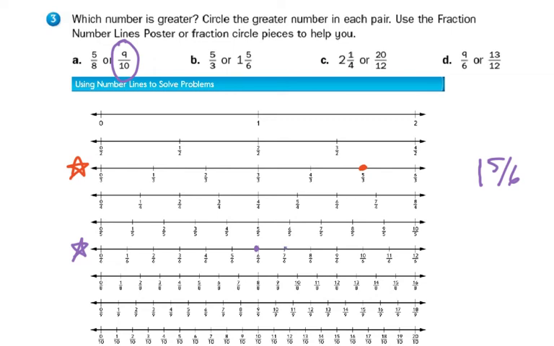And then I'll just count up from there. 1 1/6, 1 2/6, 1 3/6, 1 4/6, 1 5/6. So 1 5/6 is the same as 11/6. Which is larger? Well, if I go up in a number line in a straight line, the purple dot is larger than the red one. So 1 5/6 is larger.